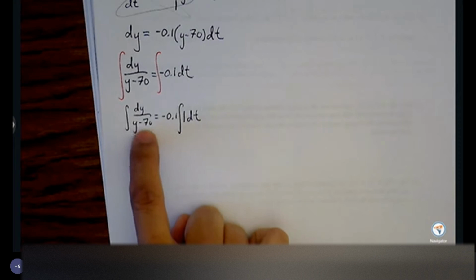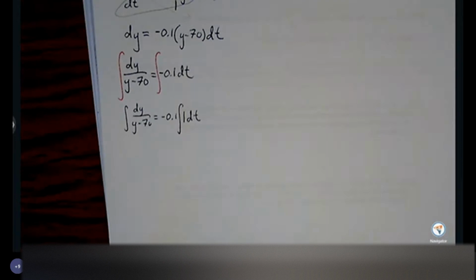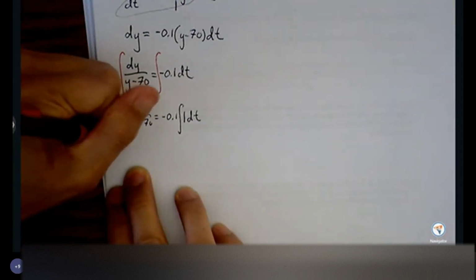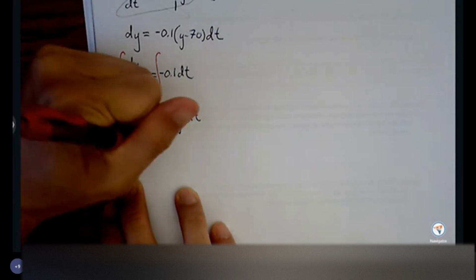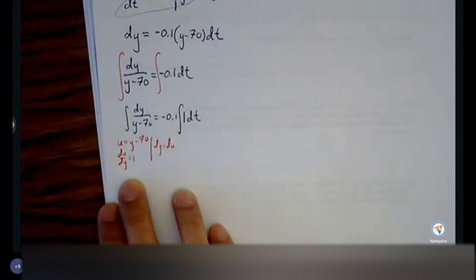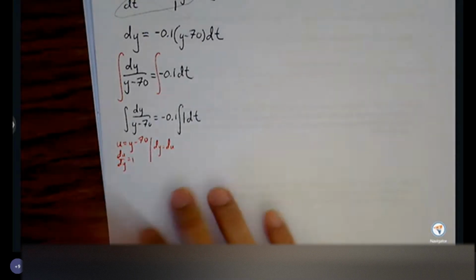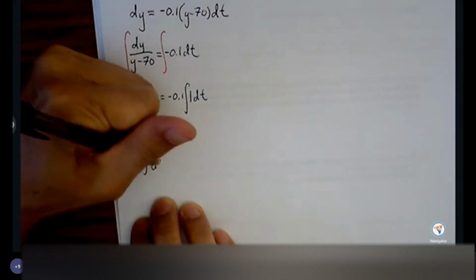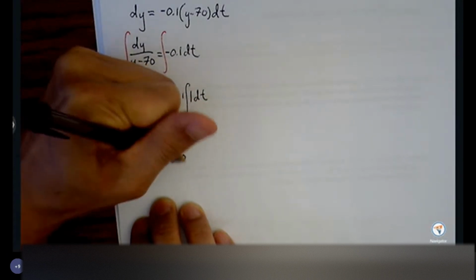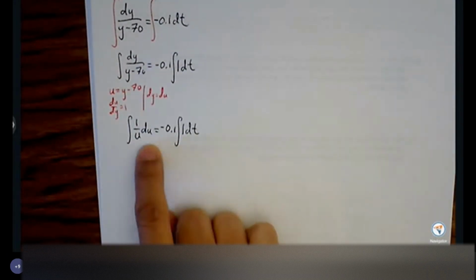And then here we can go through a little bit of u substitution, but we're expecting a natural log to show up on this side. Okay, so this ends up being natural log.